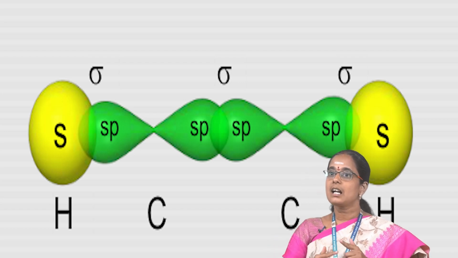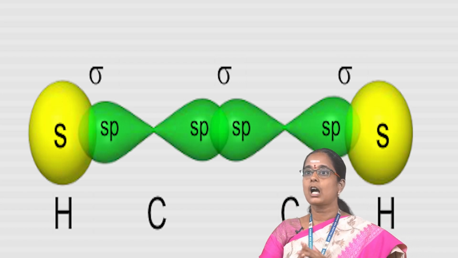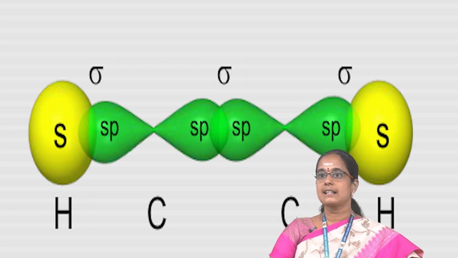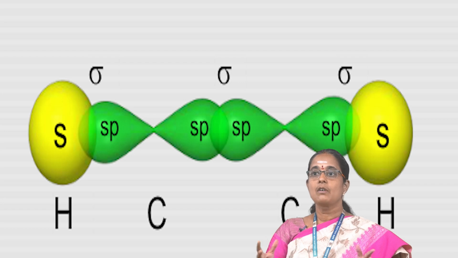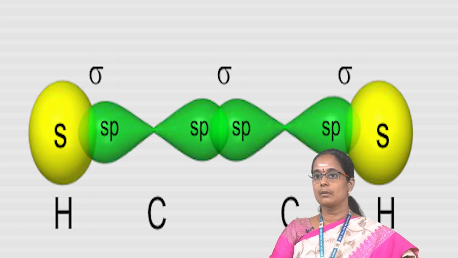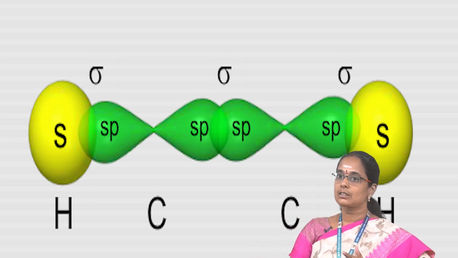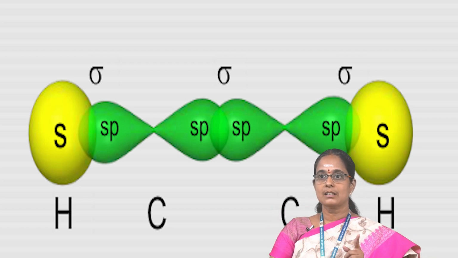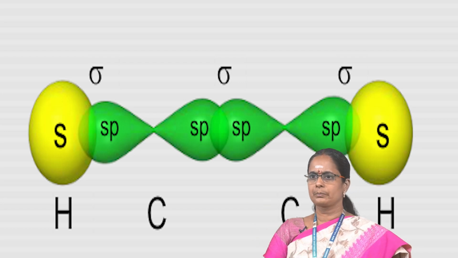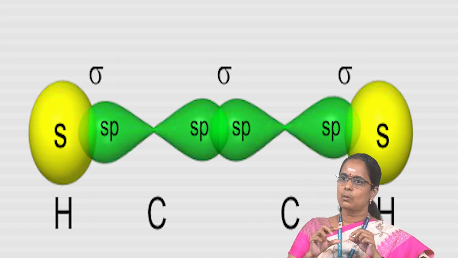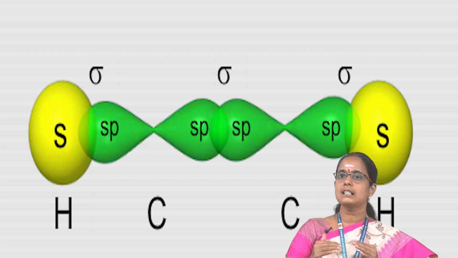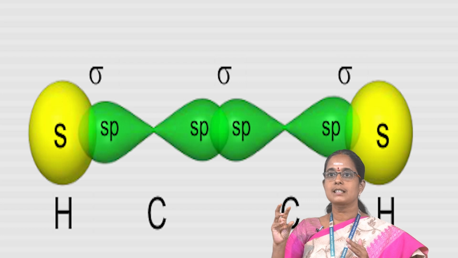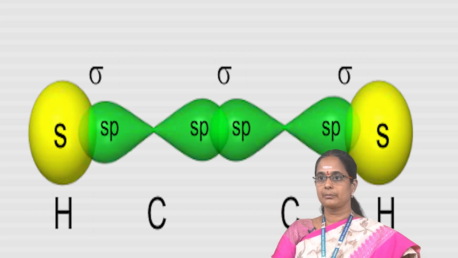Now, the tetravalency of carbon has been accounted for by proposing the excited state structure for the carbon atom with 4 unpaired electrons. The 4 unpaired electrons are not identical. There is 1 s electron and 3 p electrons. To explain the equivalent nature of the 4 bonds of carbon in its saturated compounds, a new concept called hybridization was proposed.